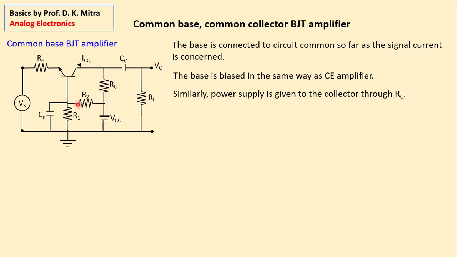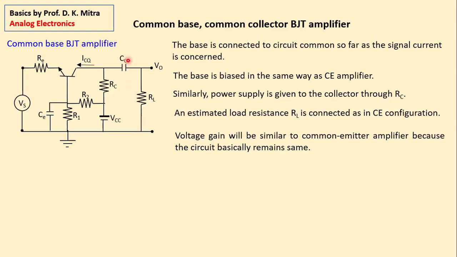So this part is same as the common emitter part, only the shape of the circuit is a little different. Earlier it was a vertical shape, now it's a horizontal shape. And the load resistance is also connected here, just like in common emitter configuration. And there is a coupling capacitor CO.